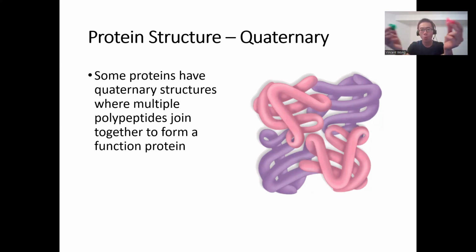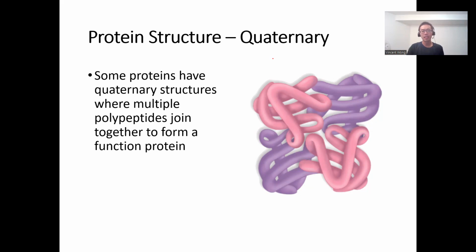So the peptides we need to bring together to form a functional complex, that is called the quaternary structure. Again, not all proteins need a quaternary structure. Many are fully functional at the third level, but some need to go on to the quaternary structure.